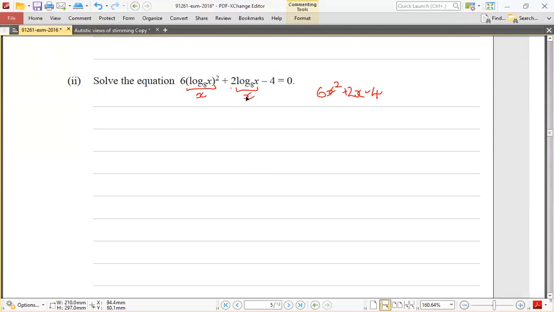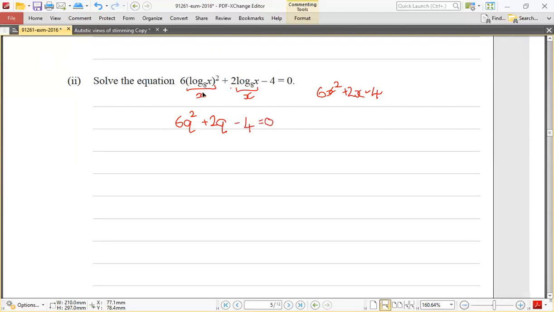So what we need to do is assign these a variable. This is the unknown. So pick a letter of the alphabet. Q. Okay, so it's going to be 6q squared plus 2q minus 4 equals 0.